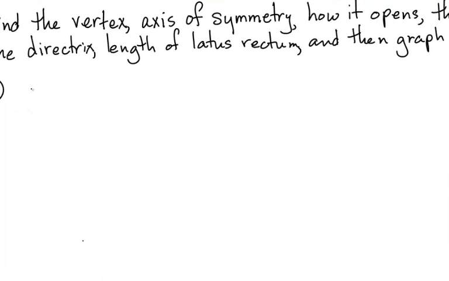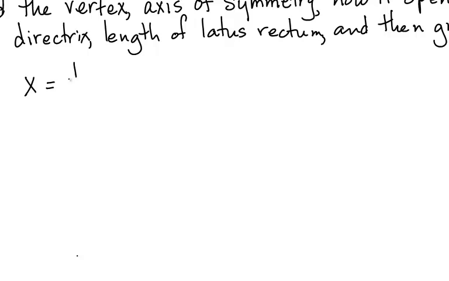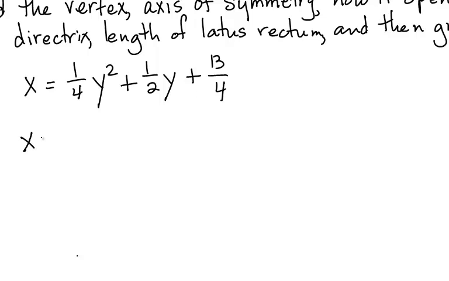Okay, here's the equation. X equals 1/4 y squared plus 1/2 y plus 13/4. This is not in the right form. This is like general form, and we need the standard form. So the first thing I would do is slide that constant term down out of the way. Just leave a little space there. Then factor out the 1/4.